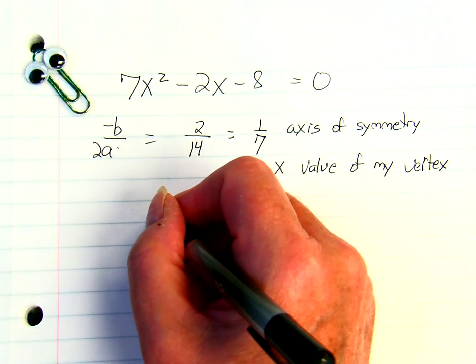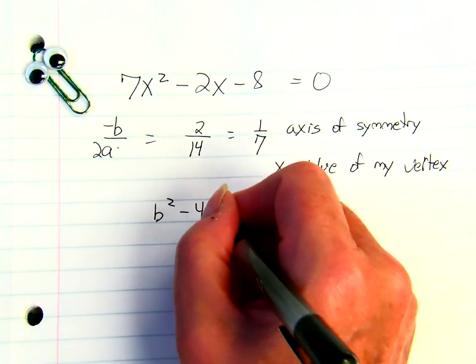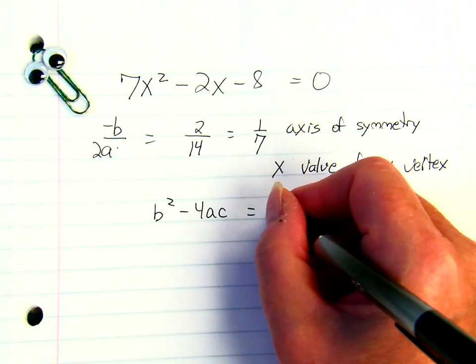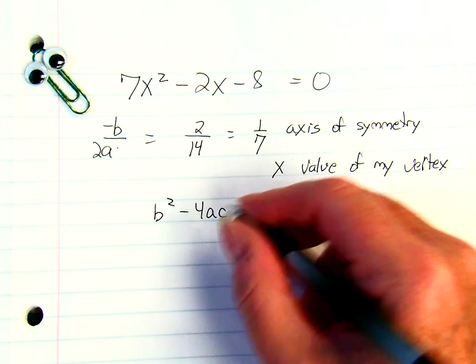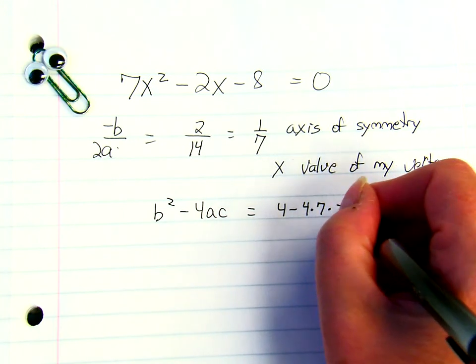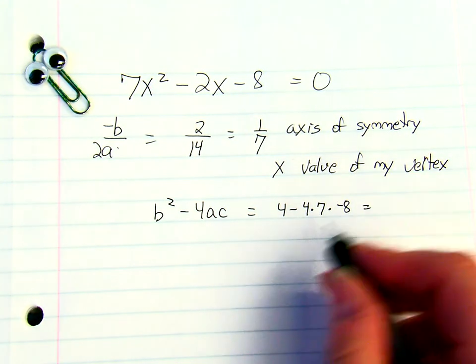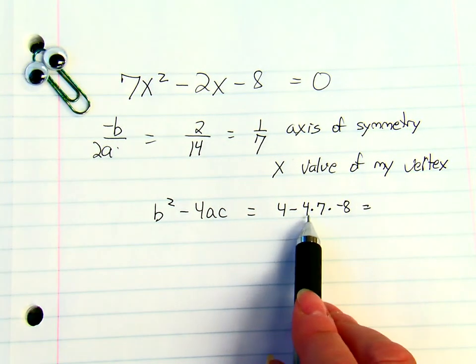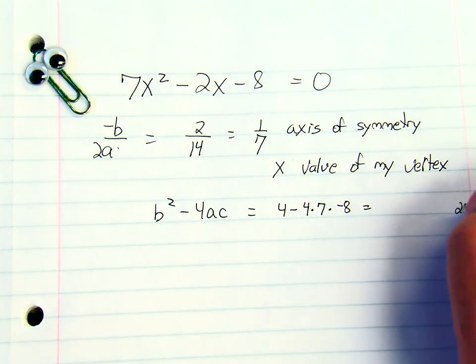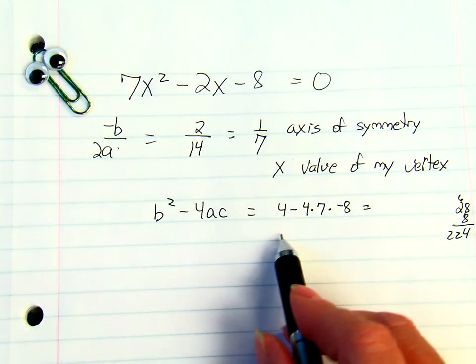I know that if I take b squared minus 4ac, b squared is going to be 4, minus 4 times 7 times negative 8, which is equal to 4 minus, so 4 times 7, 28 times 8, 8 times 8 is 64, 8 times 2 is 16, and that's 224.